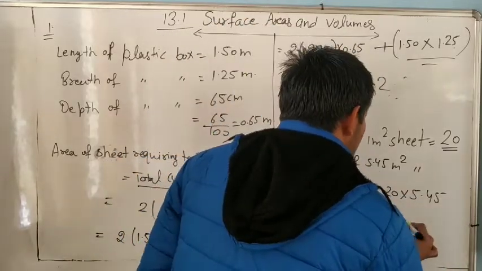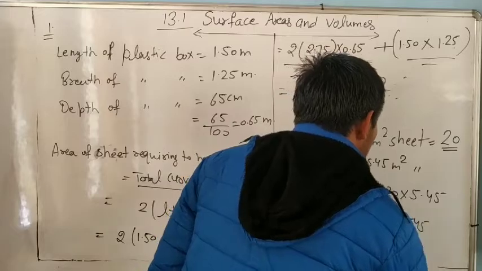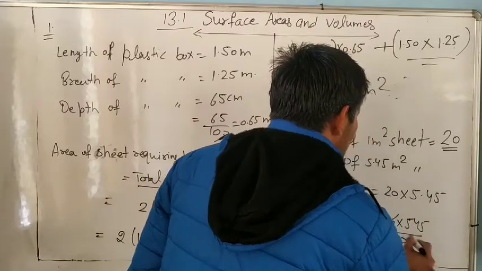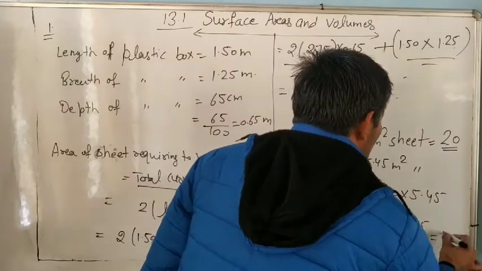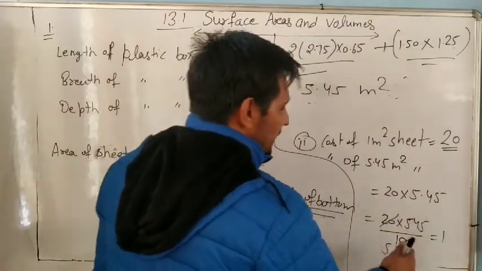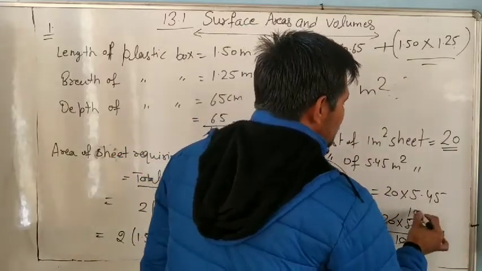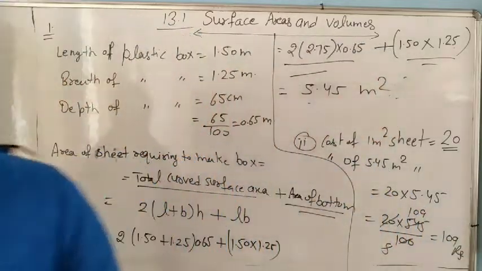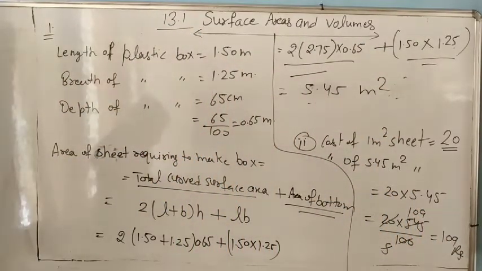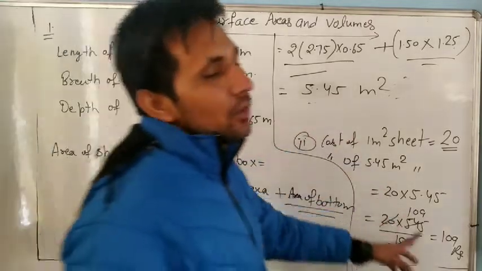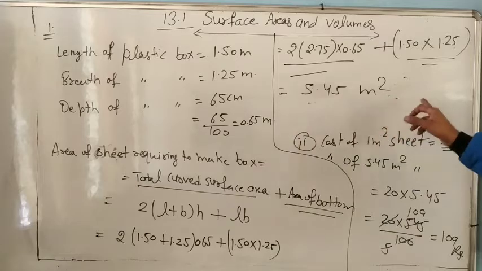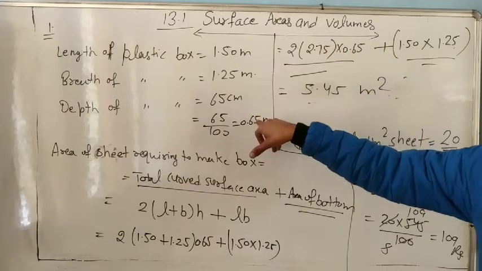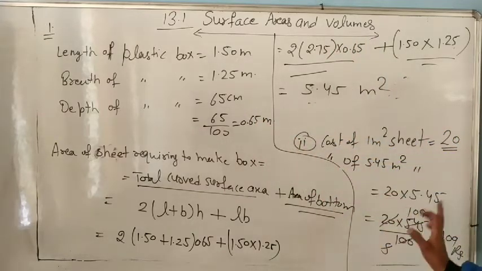Solve this one: 20 into 545 divide by 100. So how many rupees? 109 rupees. Total cost of sheet is 109 rupees. So first we find total area of the sheet of the plastic box, and then multiply by 20.